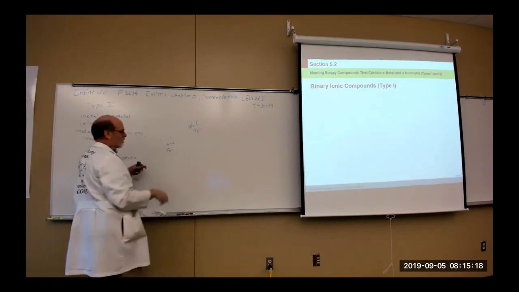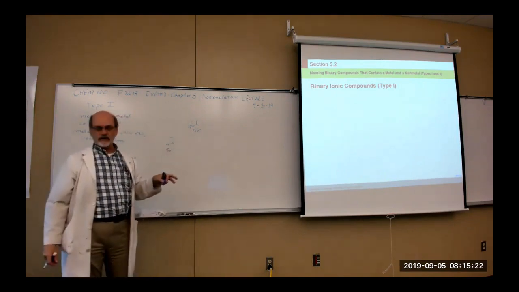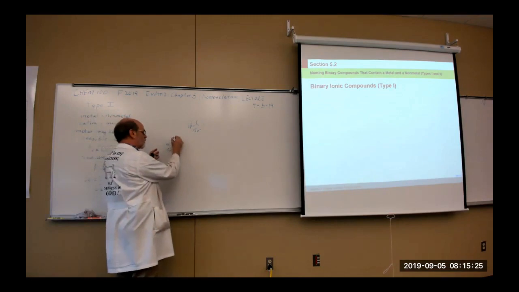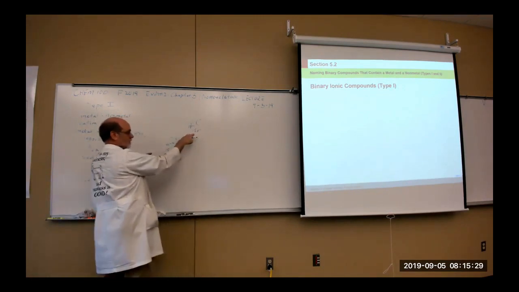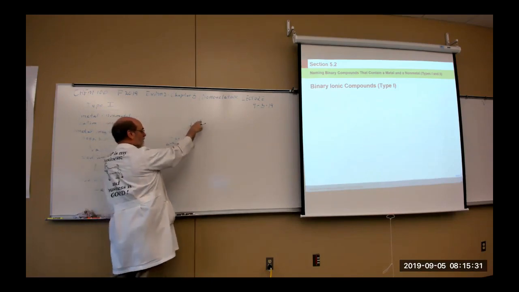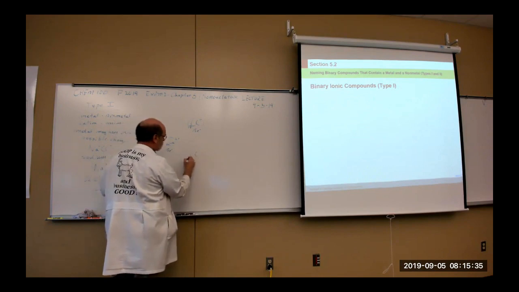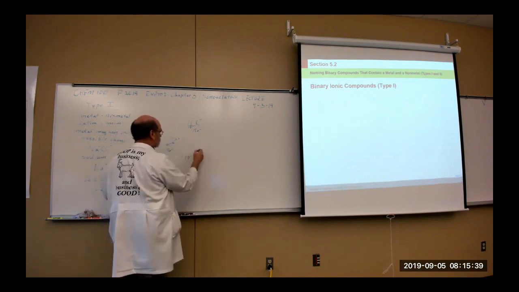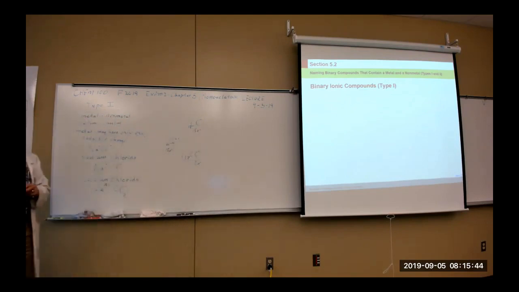So they both have the same number, but because of the number of protons, they have a different charge. So that gives this one a 2 plus charge. That gives this one a 1 minus charge. Right? So this one balanced one of those, but we need another one to balance the other. So you have these two negatives balancing that one 2 plus charge cation. Okay?